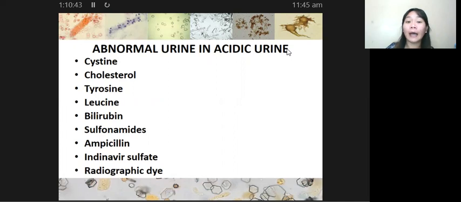So take note that acidic urine is usually the pH of the urine sample at which you are able to see these different abnormal crystals. We have your cysteine, cholesterol, tyrosine, leucine, bilirubin, sulfonamides, ampicillin, indinavir sulfate, and your radiographic contrast media.